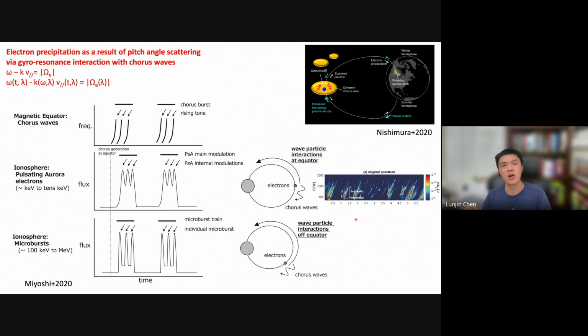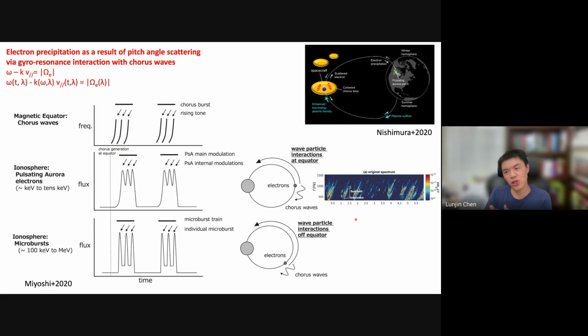This structure leads to a nonlinear current. One part of that nonlinear current is responsible for the frequency chirping, and the other provides free energy to the wave to reach even higher amplitude. That's why at the end of the simulation, during the saturation process, the chorus always appears very intense and with frequency sweeping.